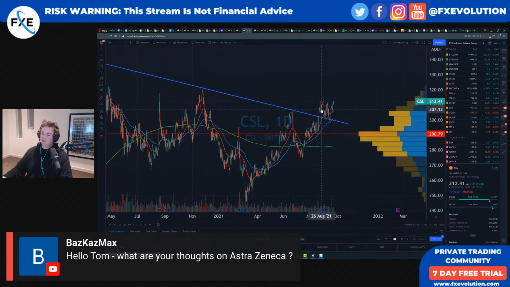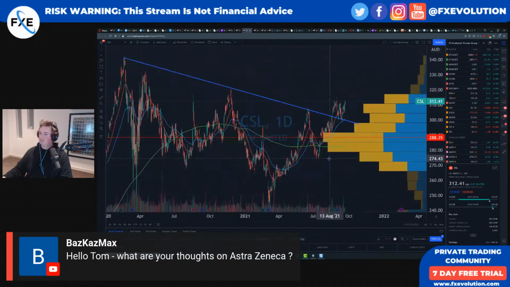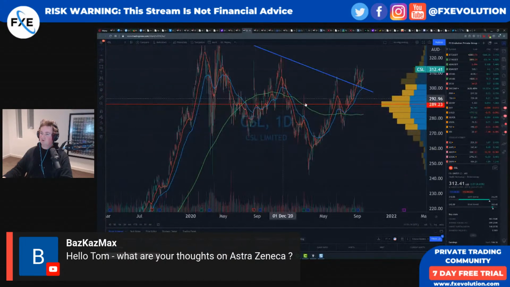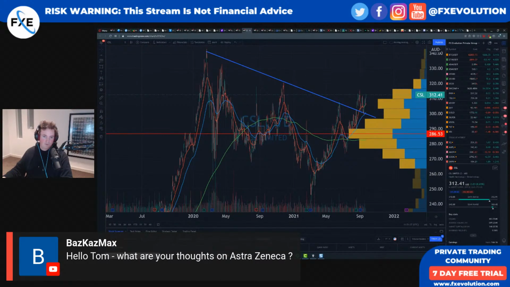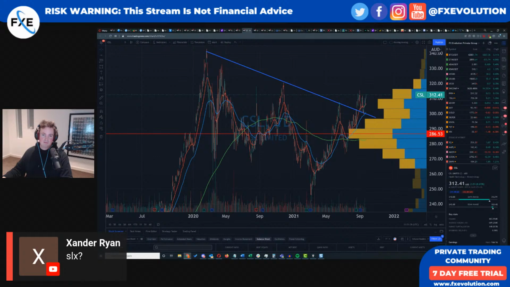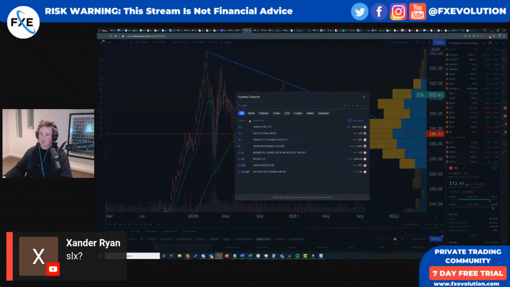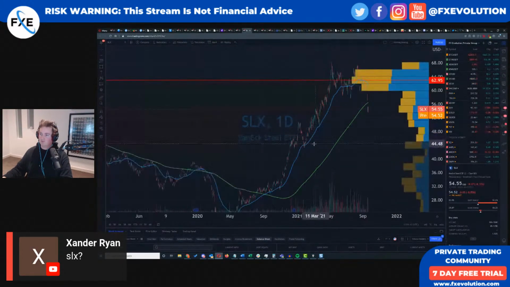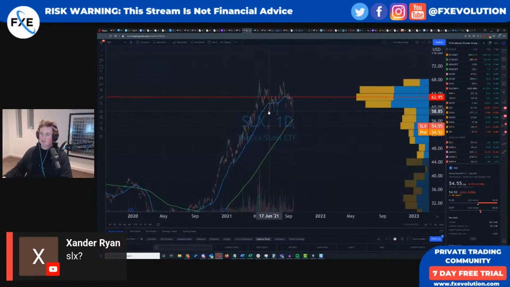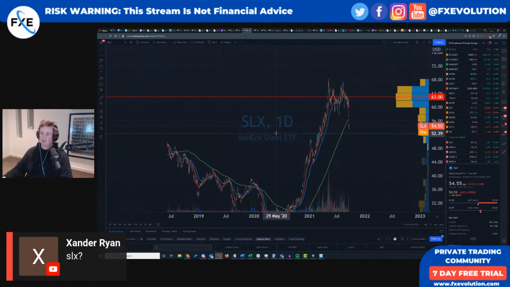Such a beautiful stock. Clem, if you're out there, you know I love this stock. It's so glorious. And it always does me well, the old CSL. It's been doing not much for a long time as well. SLX. I don't really have too many points on AstraZeneca, but I'm not sure if I'd buy it. We'll look at this stock maybe in a second.